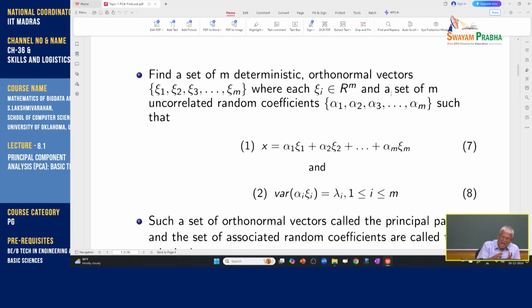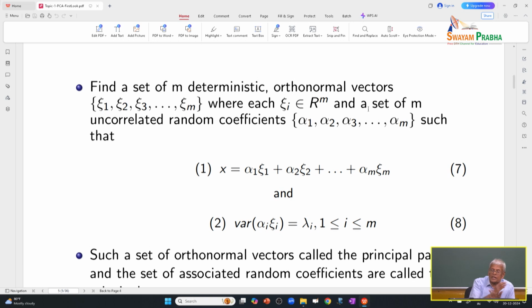So the only way I can make X random is by making the coefficients alpha 1, alpha 2, ..., alpha m random. So by picking alpha 1, alpha 2, alpha 3 as random coefficients, I get a linear combination with random coefficients, and I am able to express X. And then I am also putting another constraint on the total variance of the components of alpha i xi.